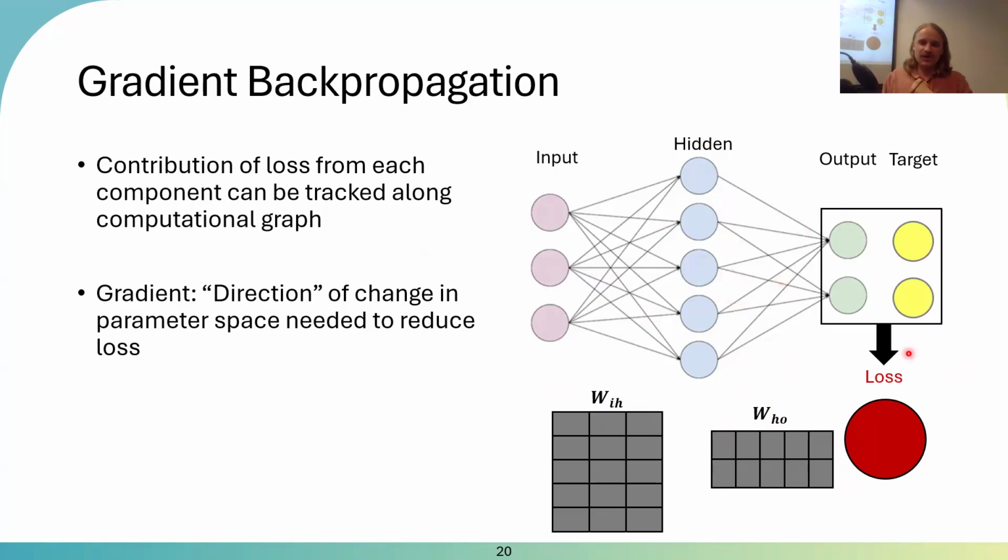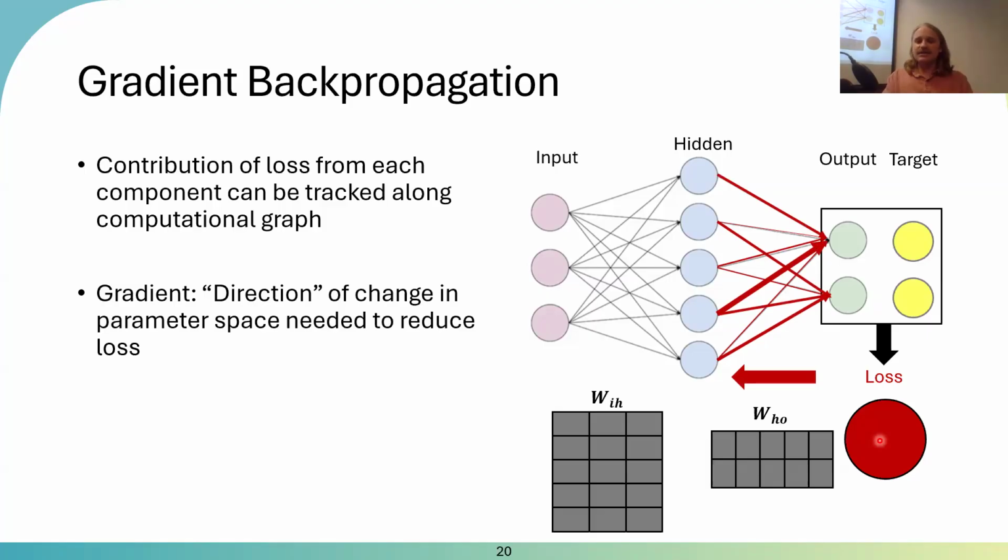But if we have some input that gave us a loss of magnitude represented by this red circle, as we propagate backwards, we might say that the contribution to the loss from each of these weights would be assigned according to the size of these arrows that I've indicated here.